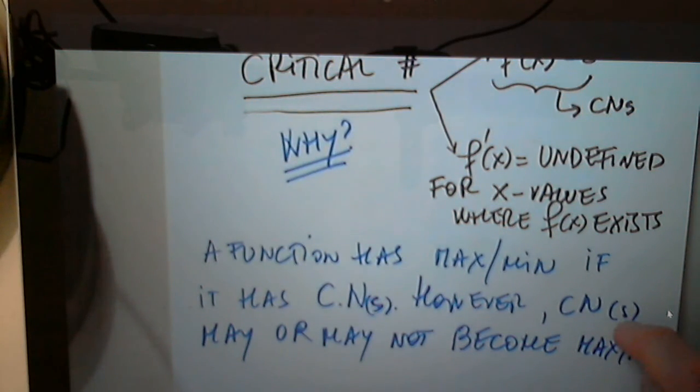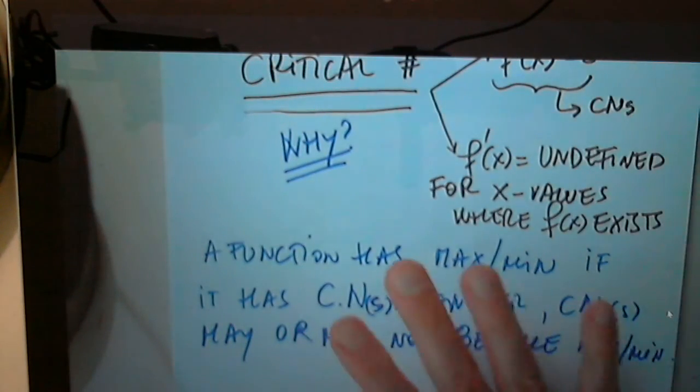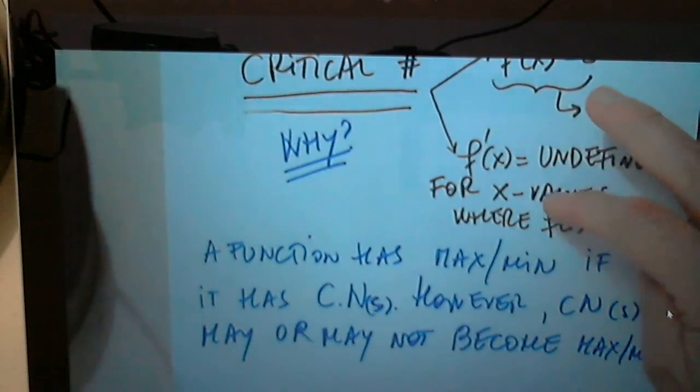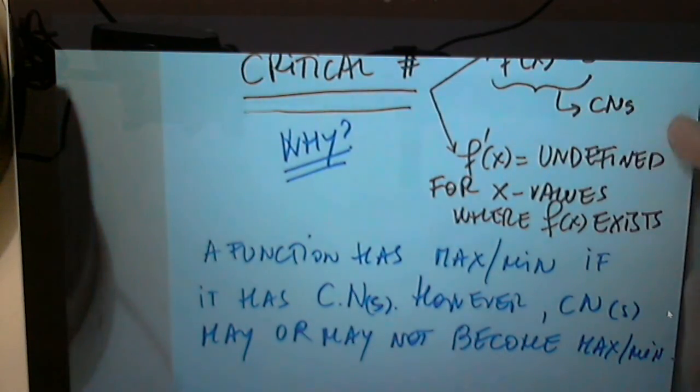If it has critical numbers, it's no guarantee that it has max min. But if it doesn't have critical numbers, it's a guarantee that it doesn't have max min. So again, these critical numbers may or may not become max or min for the function.